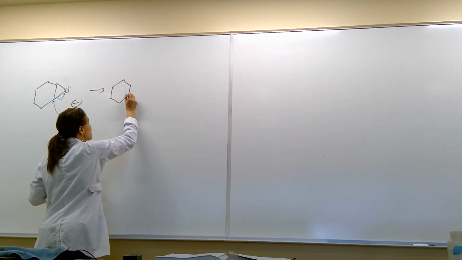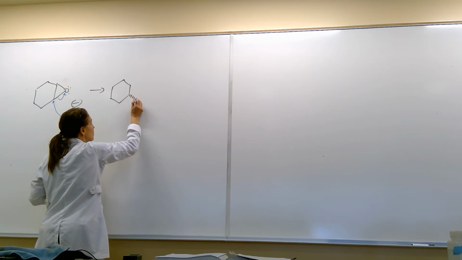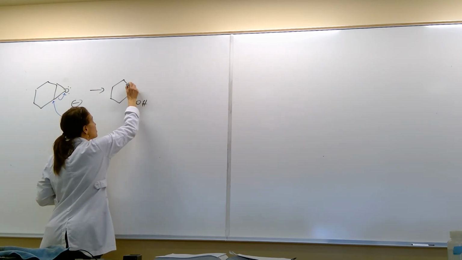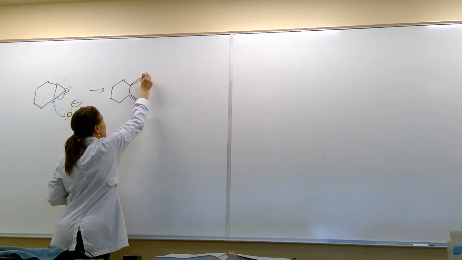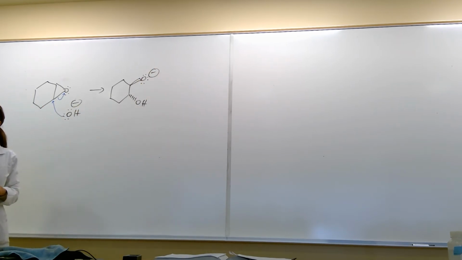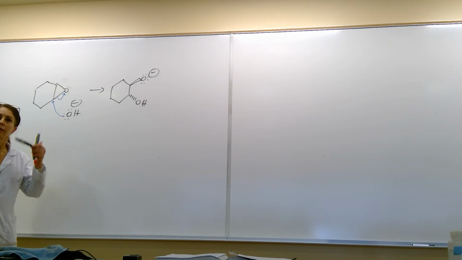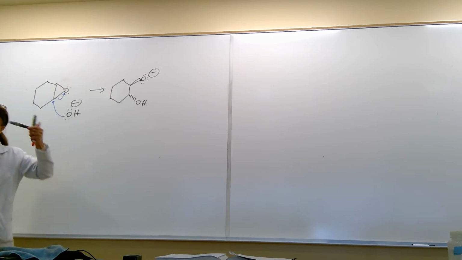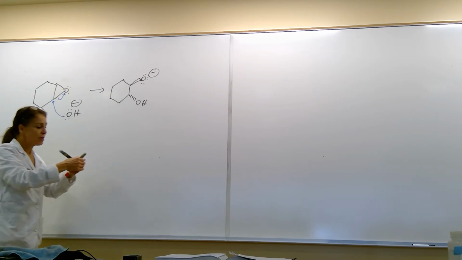So let's say this OH came down. So this is up. So it's an addition. One is from the top, the other one the bottom. And then what's the second step?